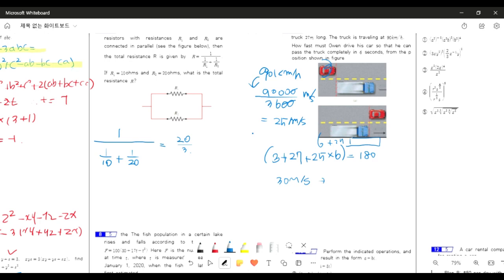So 30 times 3.6 gives 108 kilometers per hour. Either 108 kilometers per hour or 30 meters per second. Both velocities are allowed. It doesn't matter. You can write down any kind of velocity. Anyway.